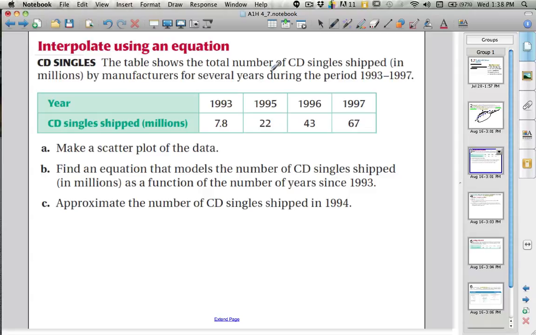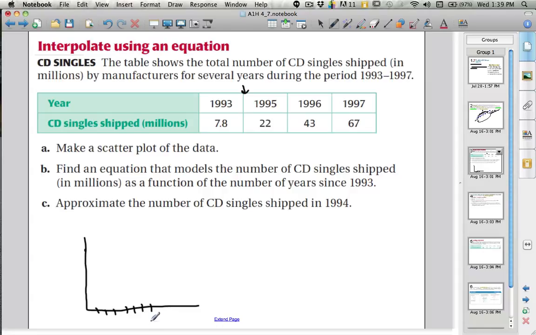So if I want to use interpolation, I have a data model here that shows me the CD singles that are shipped, and they want me to make a scatter plot of the data, make an equation, and then approximate for 1994. I'm just going to do this in a very rudimentary way. Let's go 1, 2, 3, 4, 5, 6, 7.